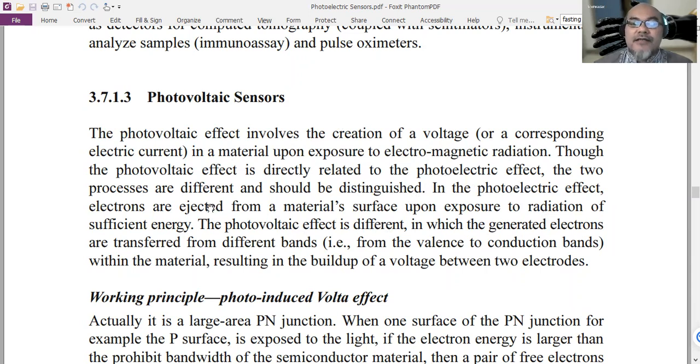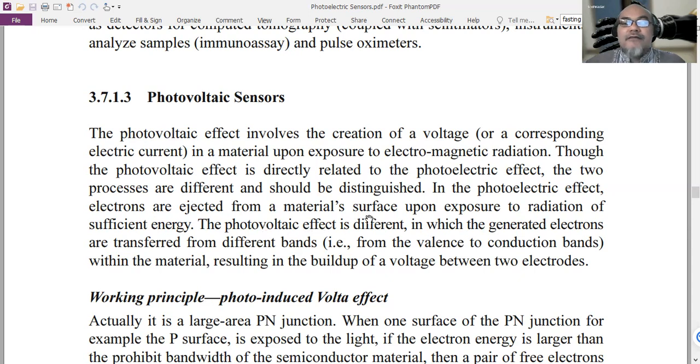In the photoelectric effect, the electrons are ejected from the material surface when it is exposed to radiation having enough energy, enough h nu. H is the Planck constant times the frequency nu. If this has larger energy than the energy gap between the valence band and the conduction band in that material, the electron will jump to the conduction band and can travel as a current.